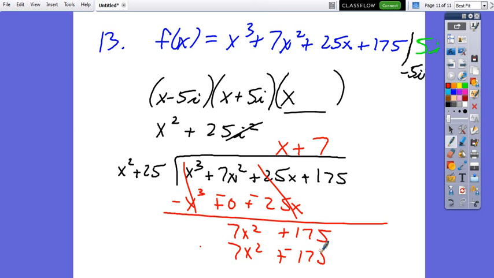All right, so what is my remaining factor? Plus 7. x plus 7. Which means my 0 is? Negative 7. Very good. So we found that remaining factor, and that allowed us to find the missing 0. So we kind of had to work backwards.